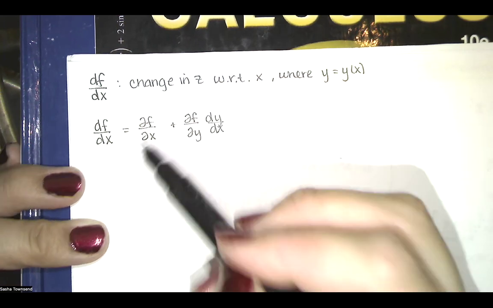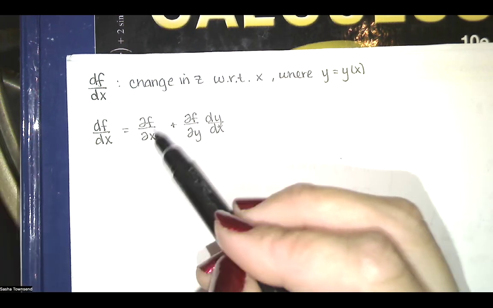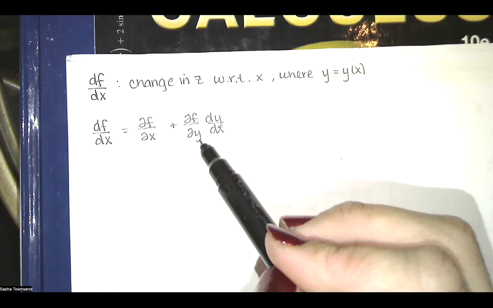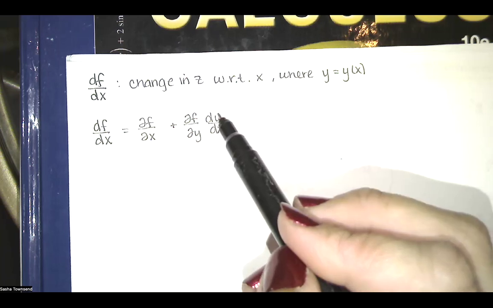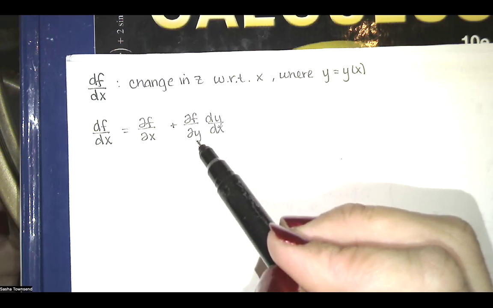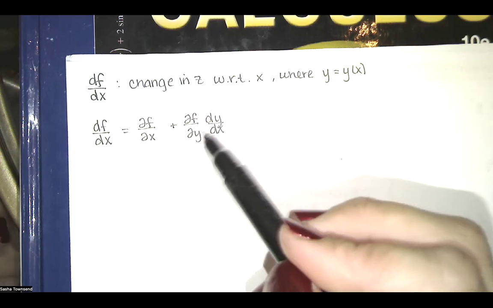So it's giving me the change in f with respect to x, sort of independently from y. And this is the change in f with respect to y times the change in y with respect to x. So this is the change in f as x changes, but due to changes in y.